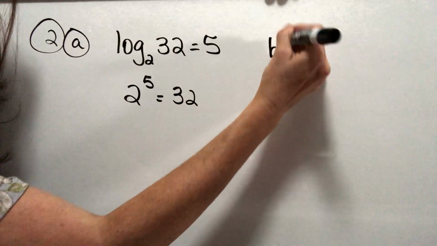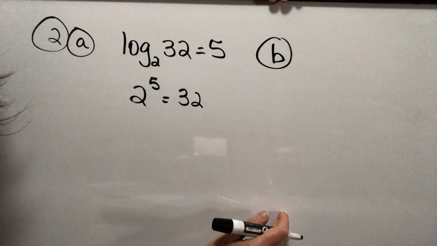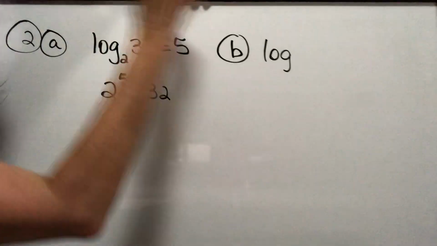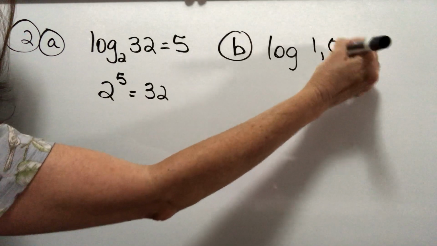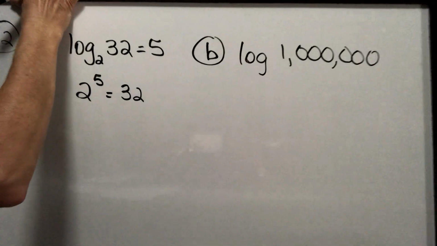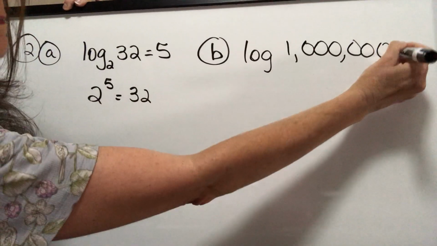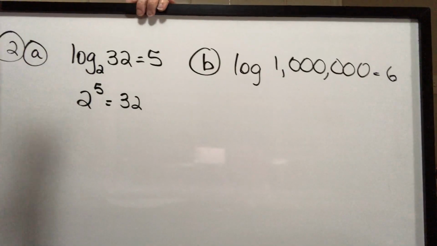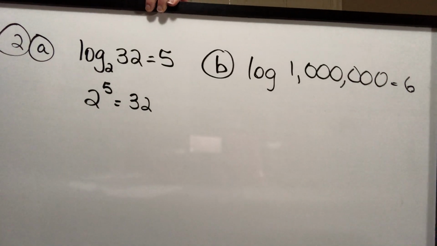Okay, so for B, we have log of 1,000,000 equals 6. So log of 1,000,000 equals 6.